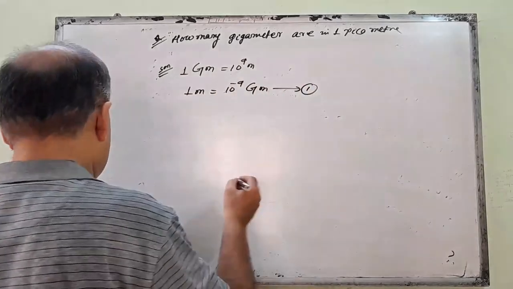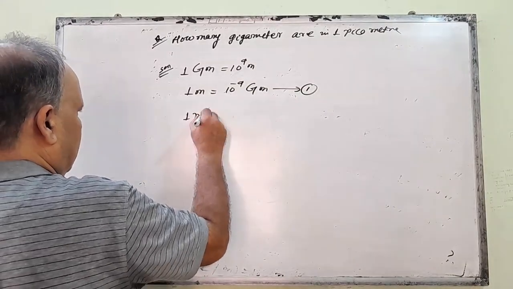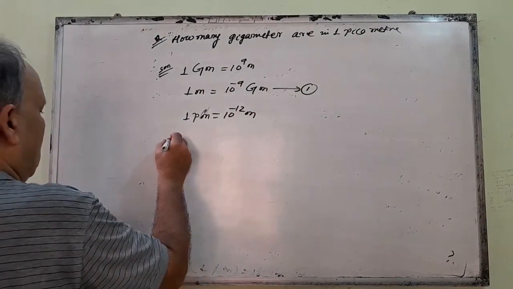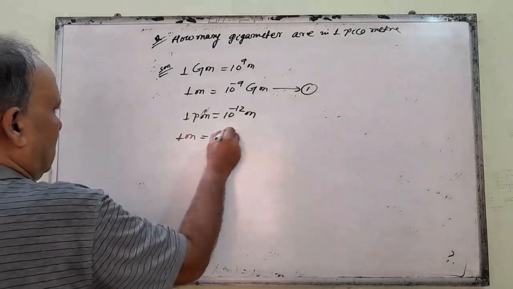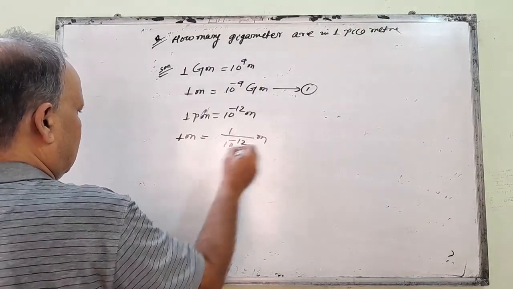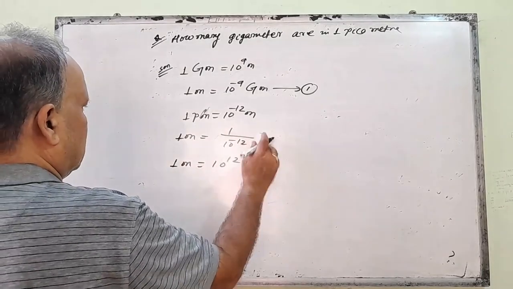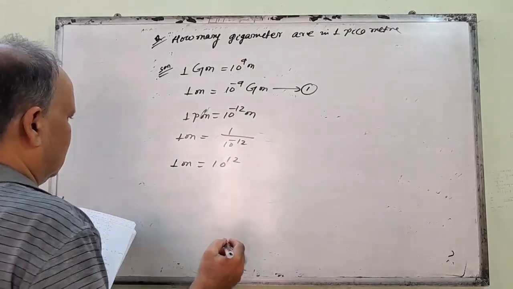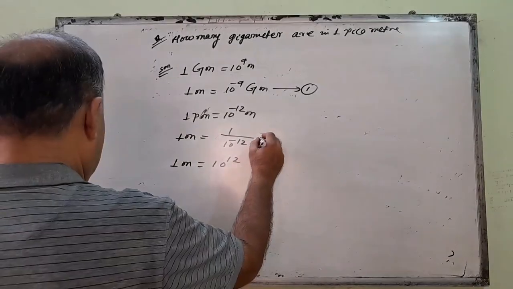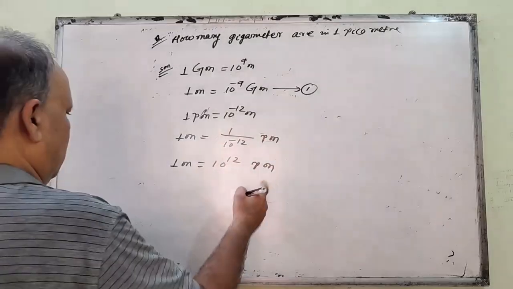Again, 1 picometer, small pm, 10 to the power minus 12 meter, so 1 meter is equal to 10 to the power 12 picometer.